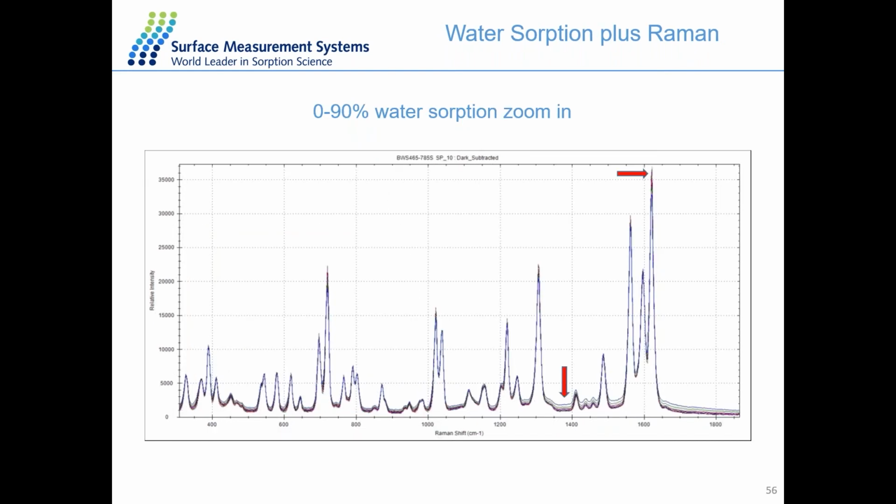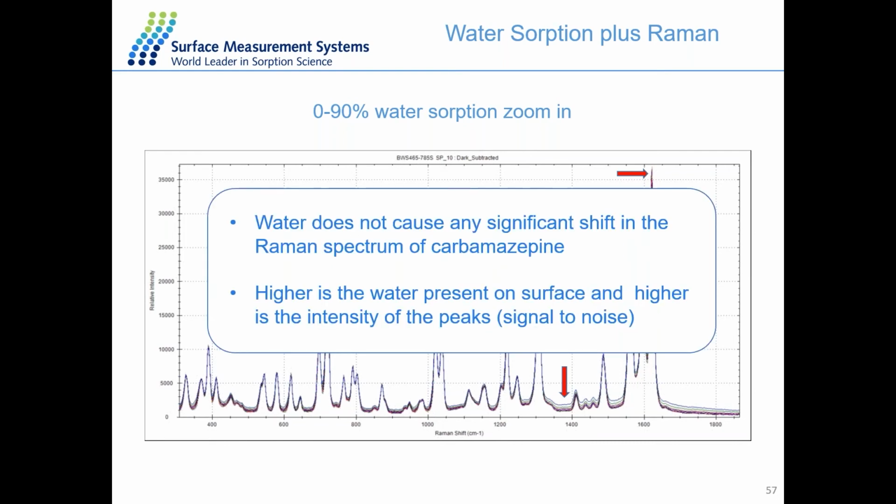If I zoom in on this section of the data, you can see just a small shift in the intensity of the peak, but there is no change in the actual peak's presence, no formation of an extra peak. So from the point of view of the hydrate, the Raman did not give us information. It just gave us a more intense spectrum when we add more water, but no extra peak formation or shift in the peak position.